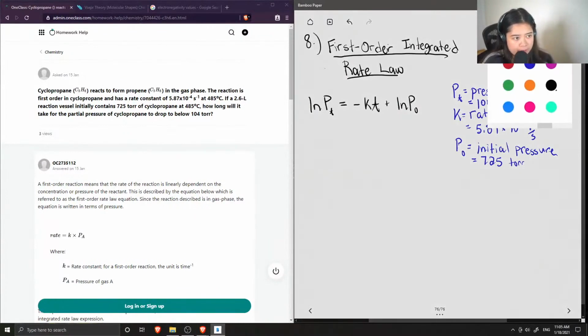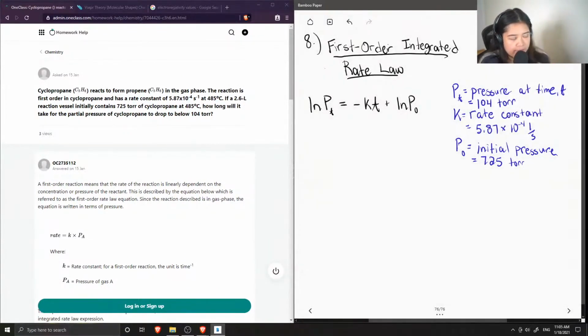So now all we have to do is plug in our values and solve for the unknown, which is time. How long will it take for the partial pressure to drop below 104 torr?